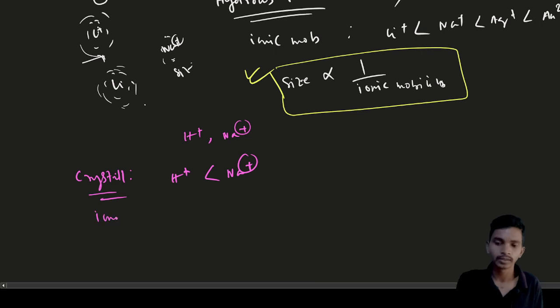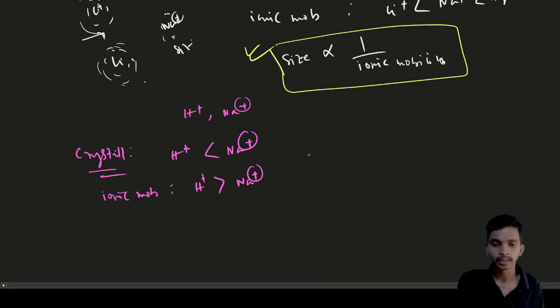Ionic mobility is inversely related to size, so H plus will be greater than Na plus.